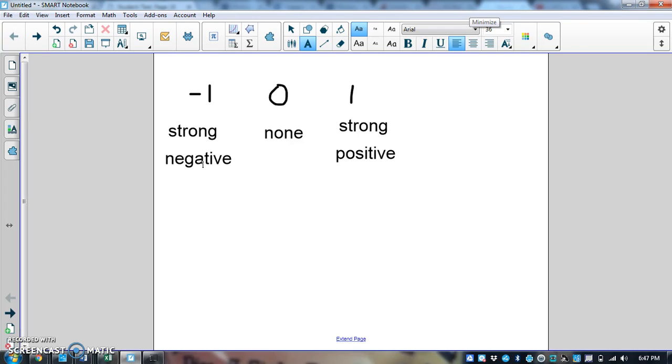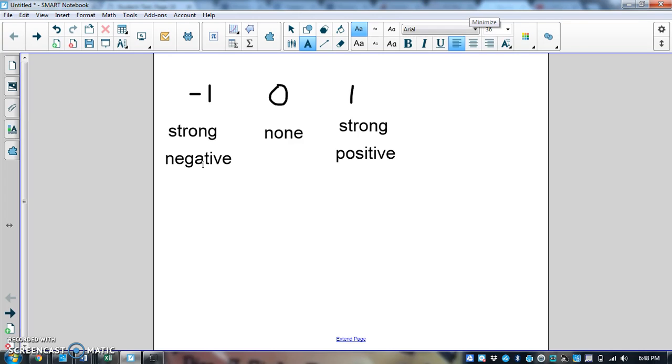That means as our input increases, our output decreases. 1 is a strong positive slope. That means that as x increases, y increases, and that all of our data points fit perfectly along our linear equation. And finally, as we move between negative 1 and 1, the strength of our correlation decreases towards 0.